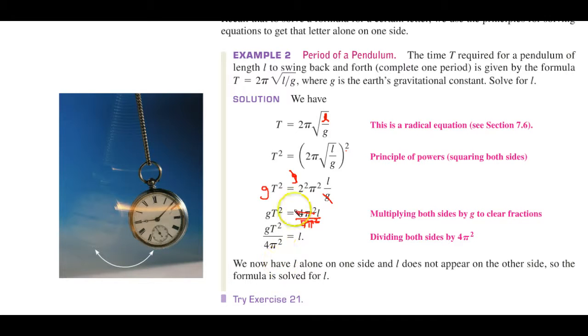And there's the solution. So this one wasn't too bad, so long as you remembered this technique. Now, is there possibly another way to do it? Yeah, you could have divided both sides by this first, and then squared both sides, but this way's good too. Okay.